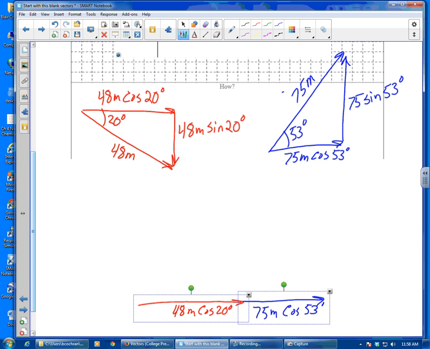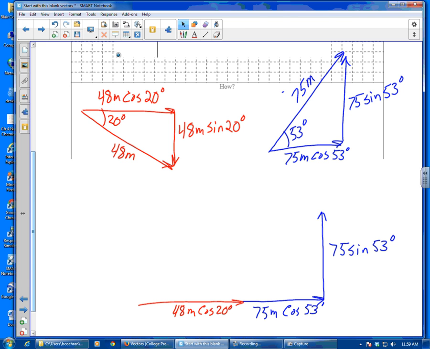Now I'm going to put my vertical vector here from B, which is 75 sine of 53 degrees. Does it matter if I add A plus B? Is that different than B plus A? No, right? We learned that the other day, and you learned that in math, hopefully. So there's my B vertical.